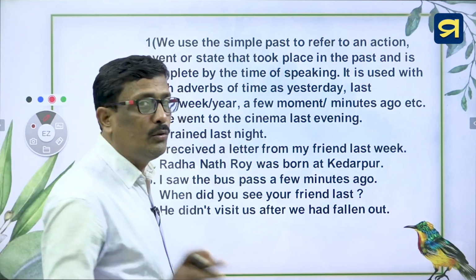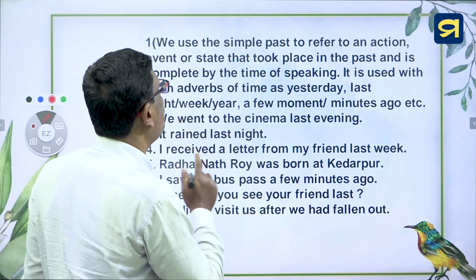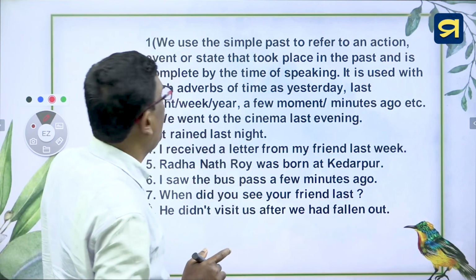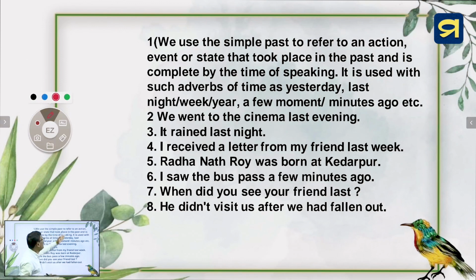Dear students, we use simple past to refer to an action or event or state that took place in the past and is completed by the time of speaking, and it is used with adverbs of time.